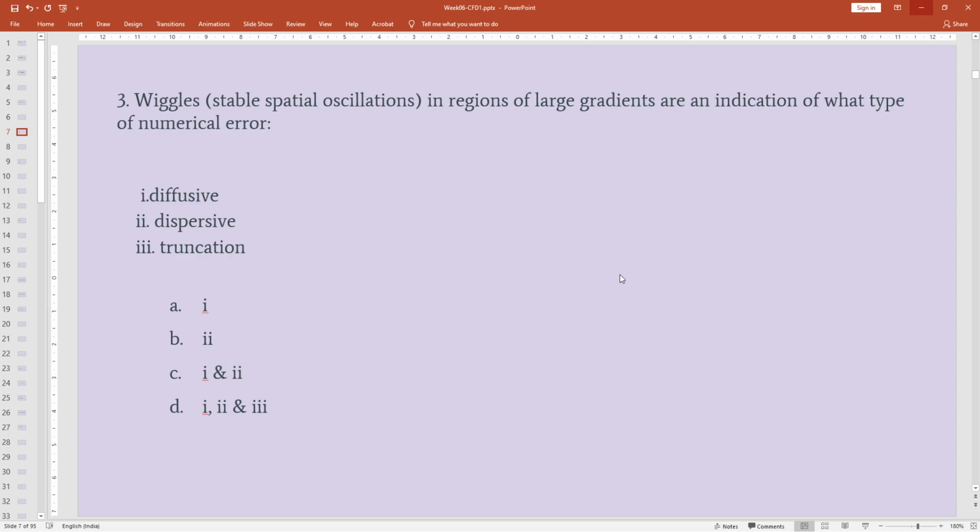Our options are option A, diffusion alone, option B, dispersion alone, option C, diffusion and dispersion, and option D, the wiggles represent all three: diffusion, dispersion and truncation. We have discussed a lot about this error in our last session, so it will be easy for you to answer. You can inbox your answers.